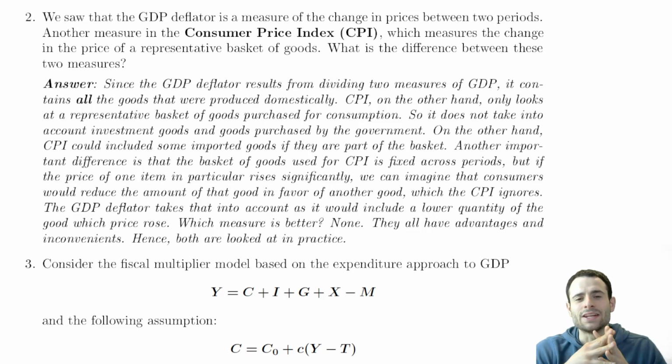Well, M are being deducted, so actually the imports are not being counted in the GDP deflator. However, imported goods could be represented inside the representative basket of goods. So the CPI might include the price of some imported goods, which the GDP deflator does not.